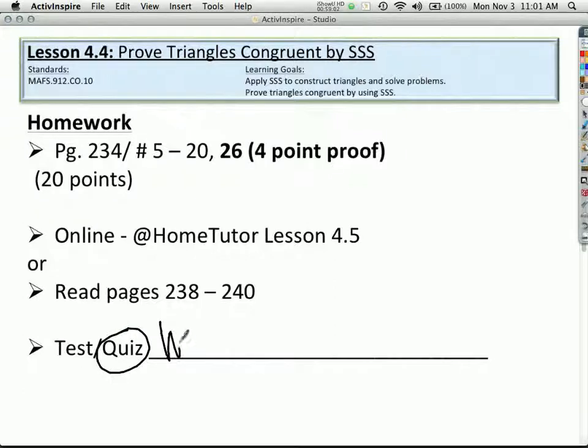And you're going to have a quiz on Wednesday. That will be for lessons 4.1 to 4.4. It's not my preferred way of doing things, but if I don't do it, it's never going to get done. So you have a day off tomorrow, so you have time to do your work, study, and prepare yourself. You will have to know the postulates and theorems up to this point.